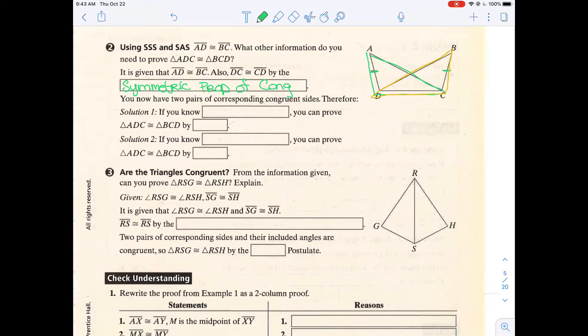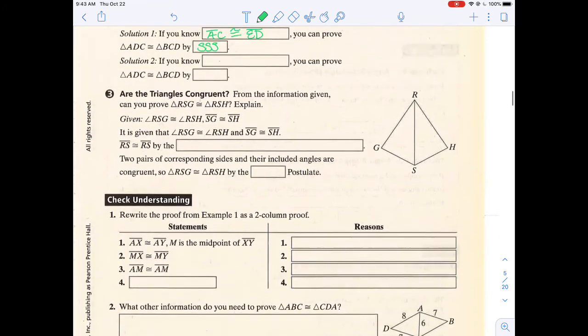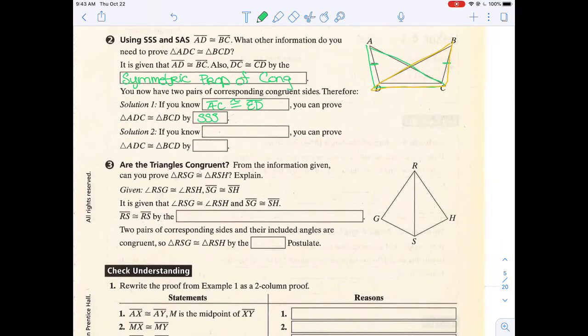Okay, so solution 1. If we know that side AC is congruent to side ED, then we could use the side-side-side postulate to prove that these triangles are congruent. Or we know that the two DC and CB are equal.